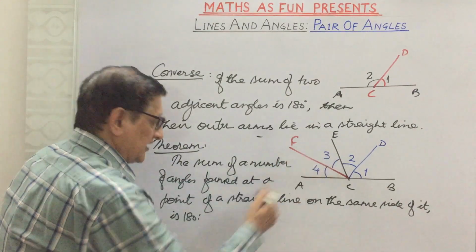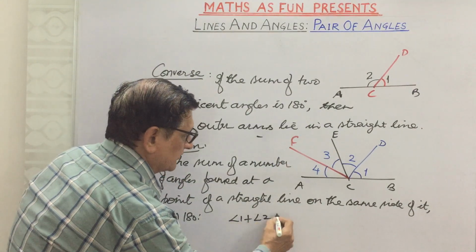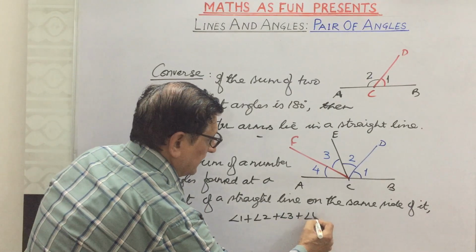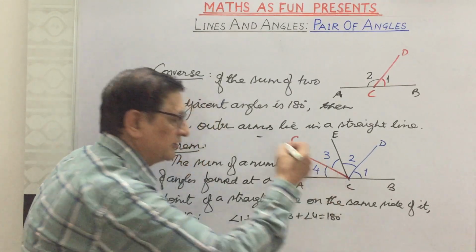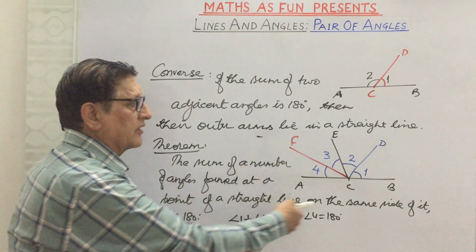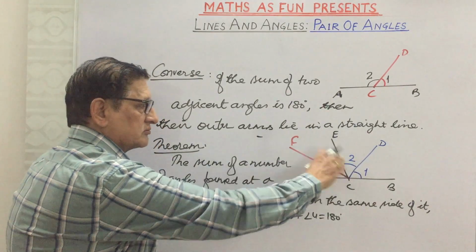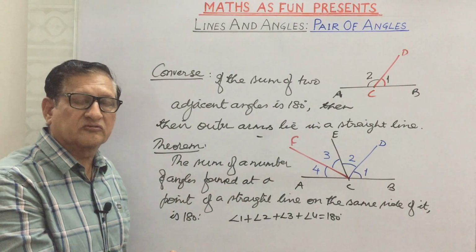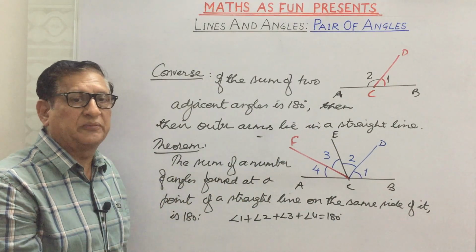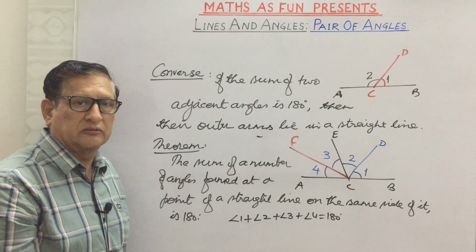It means here, like we see, angle 1 plus angle 2 plus angle 3 plus angle 4 is 180 degree. But if there are some angles formed at a point all around, then the sum of such angles will be 360 degree, because they will be forming a complete angle.